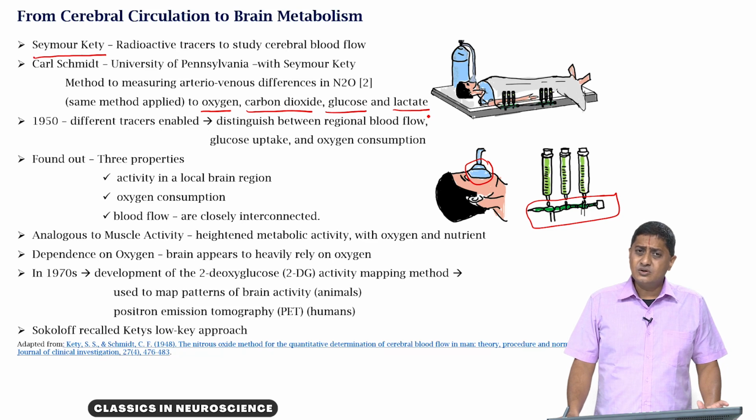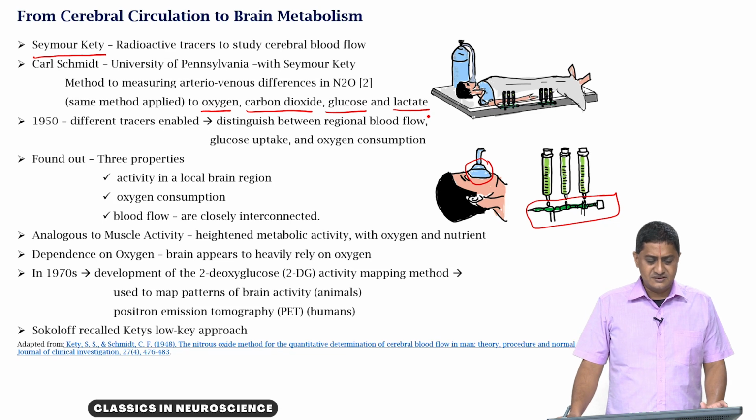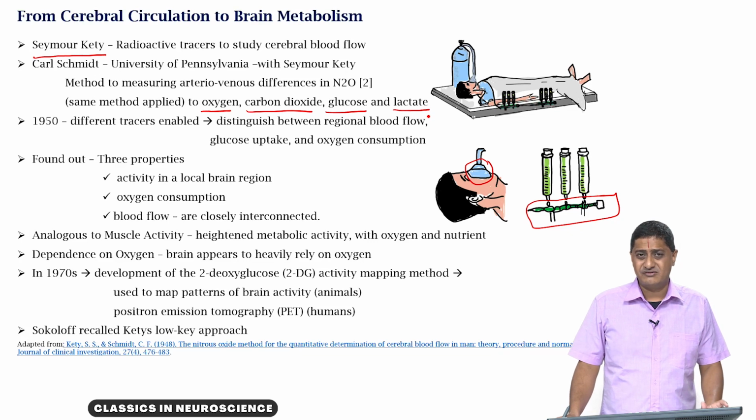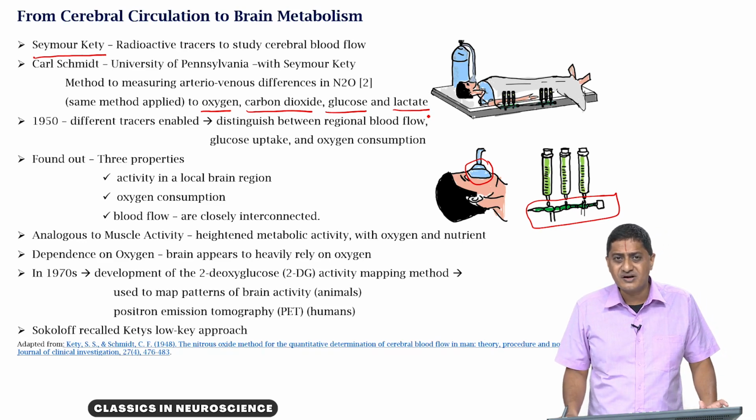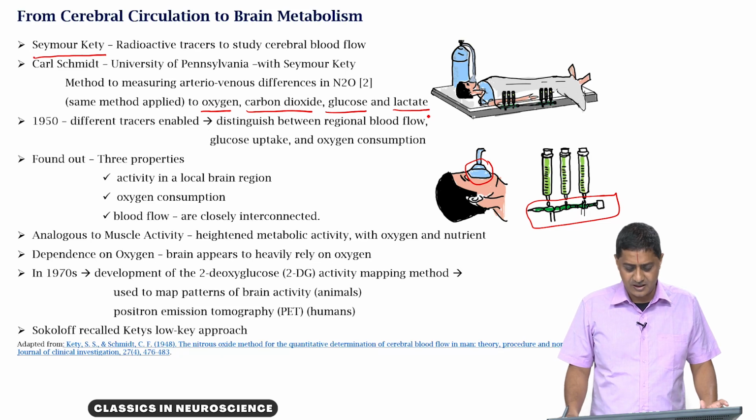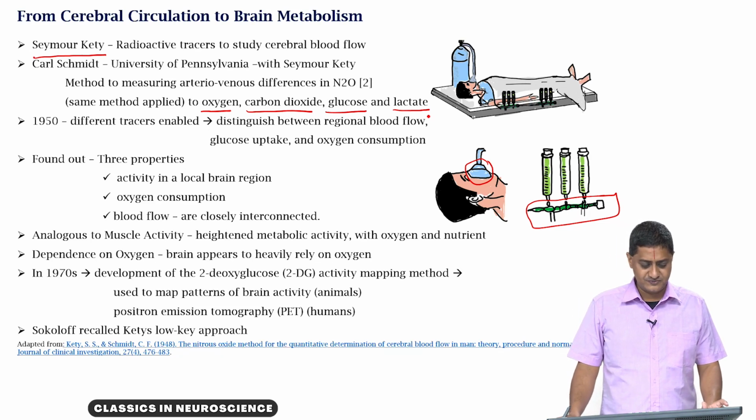Although at that time this did not help identify or localize regions of the brain, later methods in the 1950s introduced different tracers for different chemicals, which helped to distinguish between regional blood flow, the amount of glucose taken up, and oxygen consumption.